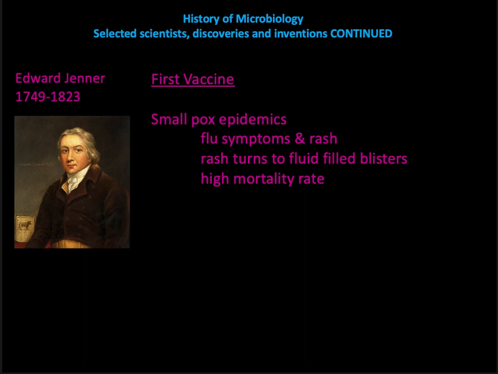And that worked a lot. It was pretty successful. I think about 2% of people died from this Chinese practice, compared to 20 to 30% of people dying from the outbreak itself. So it was very successful, but it was still risky. 2% died just from this early idea of vaccination.